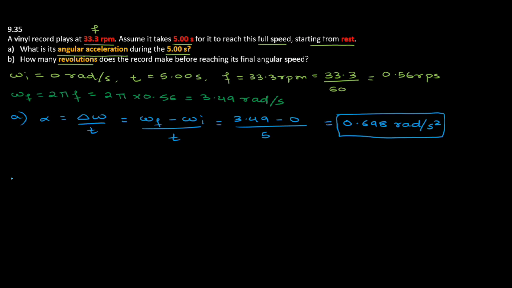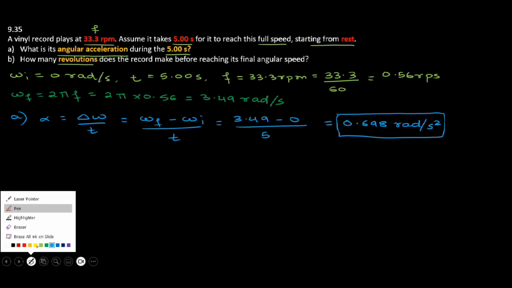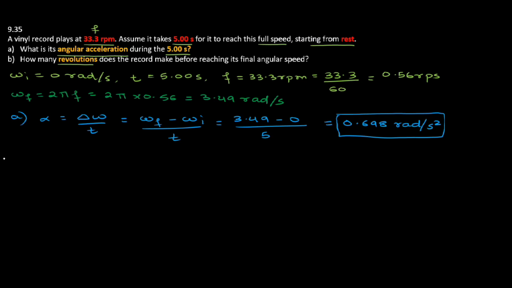After you calculate alpha, part B of the question is asking how many revolutions does the record make before reaching its final angular speed. Now before we find the number of revolutions, I need to find the angular displacement delta theta. Once I get theta, I can use that to find my number of revolutions n. So if we have initial velocity, the final velocity, and the time t, we can calculate theta by using the third equation of motion.